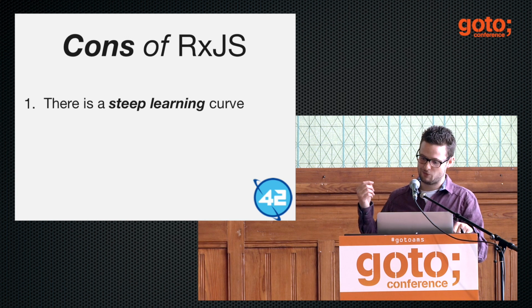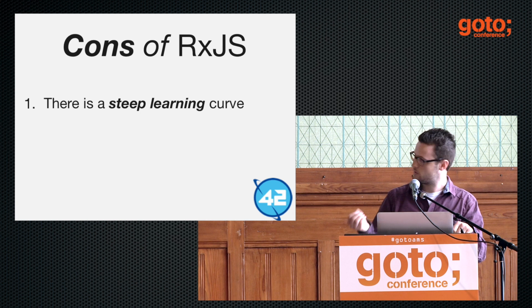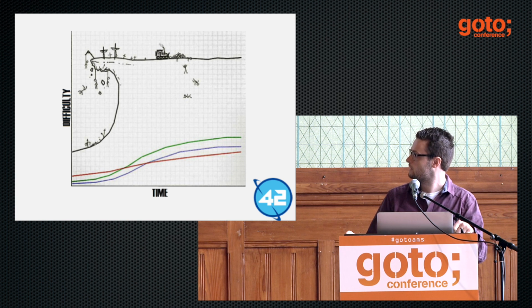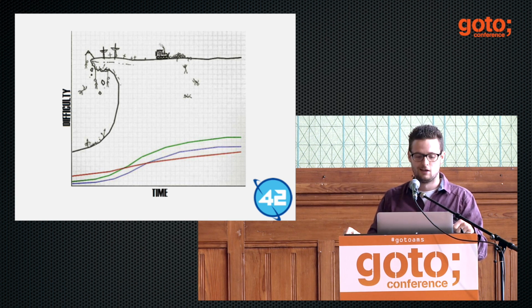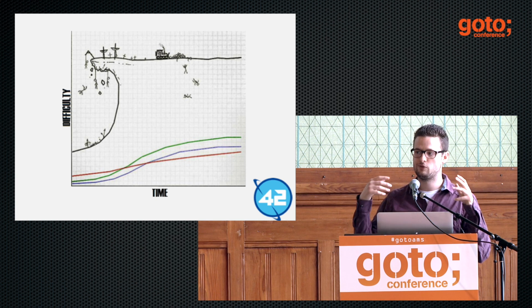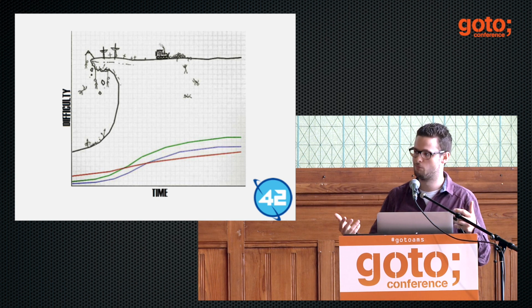But there is a really big drawback to RxJS, and that is that it has a very, very steep learning curve. I don't like to call it a learning curve. I like to call it a learning cliff, because this black one, that's kind of my experience with RxJS. That's because you really have to let go of your imperative model.